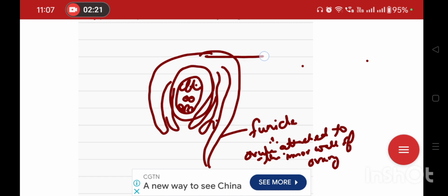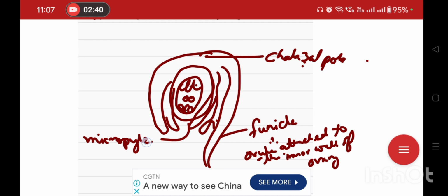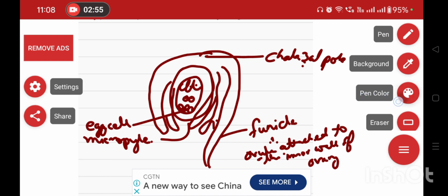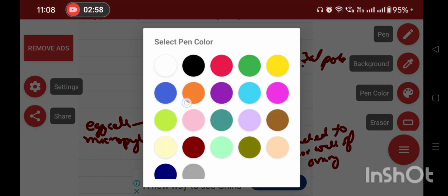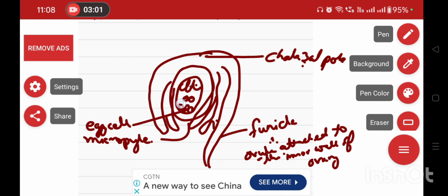Here this end is known as chalazal end, chalazal pole. The end from which the pollen tube will enter is the micropylar end or micropyle. Here the central one is the egg cell. Let me select the other pen so that it would be easier for you to understand the labelings. Here the central one is the polar nuclei.